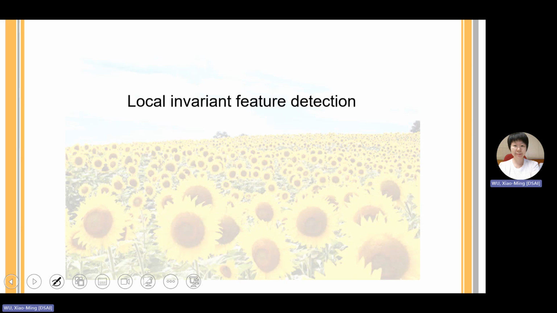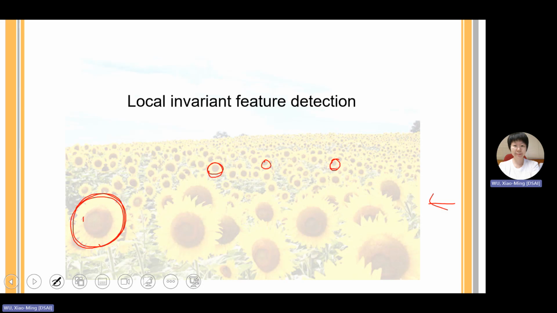As you can see, there are many sunflowers, and each sunflower may represent an interesting feature. These sunflowers have different scale and orientation.